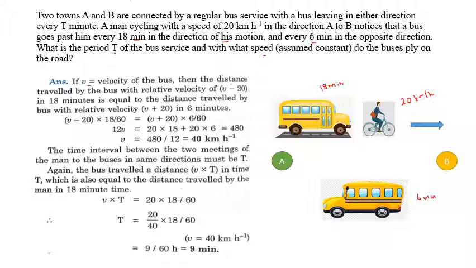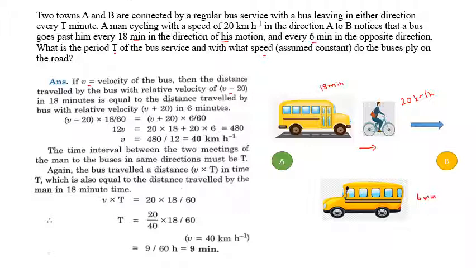So we take V as the velocity of the bus, then the distance traveled by the bus with relative velocity of V minus 20. What is this? Both the bus and the man are traveling from A to B, so both are traveling in the same direction, which means we should take the difference between the two velocities.